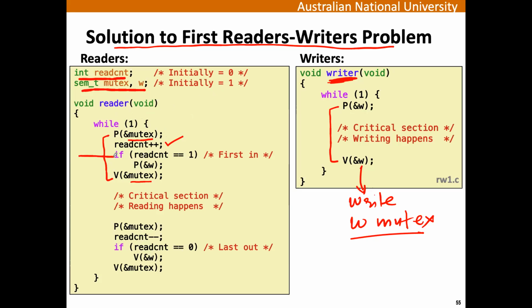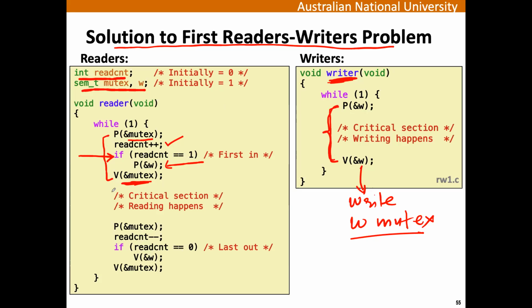If it is the first reader to enter the critical section, we do a P operation on the W semaphore, right? We grab the lock on the critical section. And then it unlocks the mutex because it doesn't need it anymore.